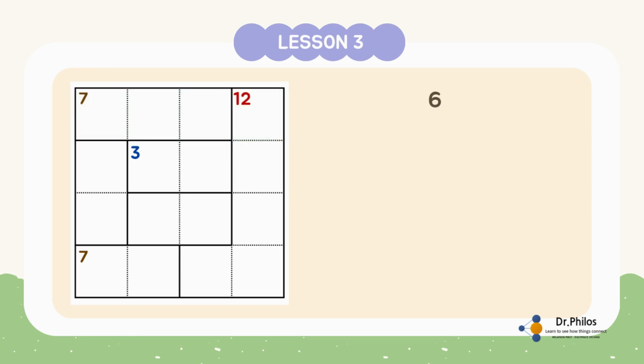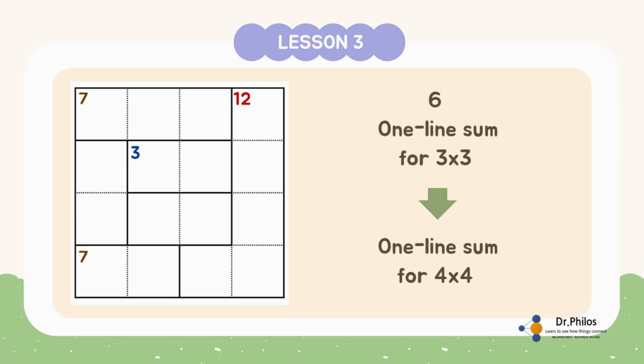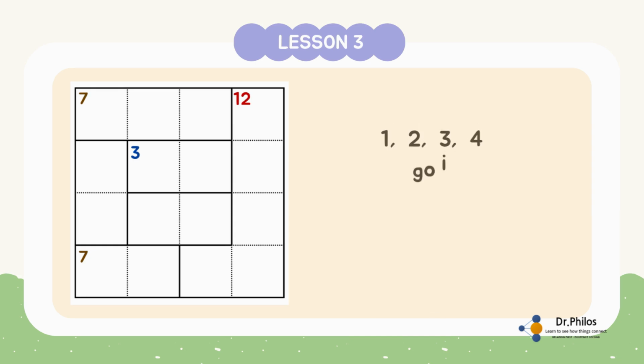The sum of a line being 6 was in the 3x3 grid. This is a 4x4 grid, so it must have changed. Why do you think it has changed? Because the numbers going into a line have changed. 1, 2, 3, and 4 go into this one. I see.